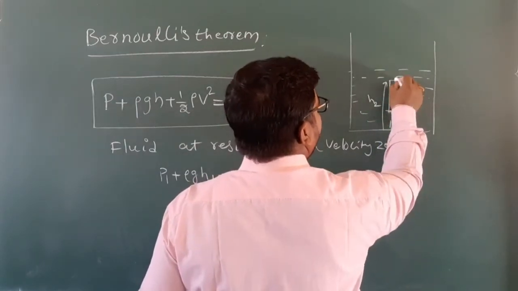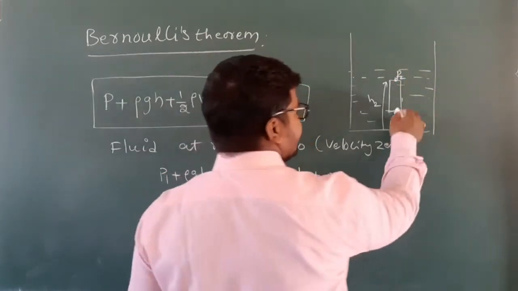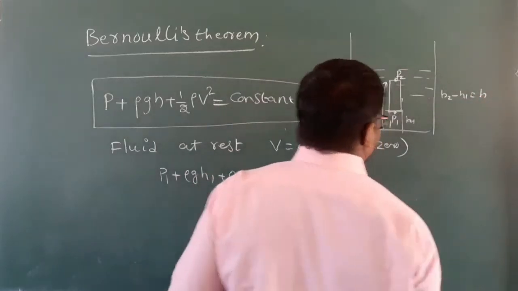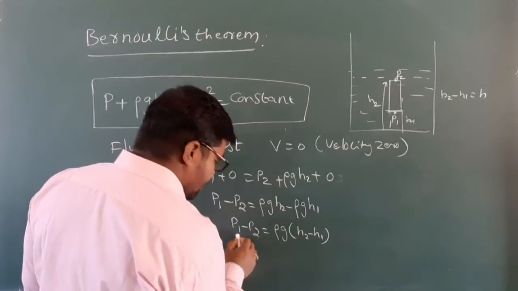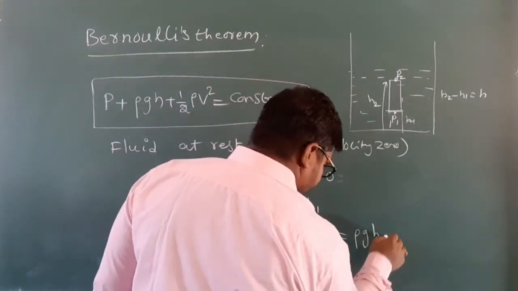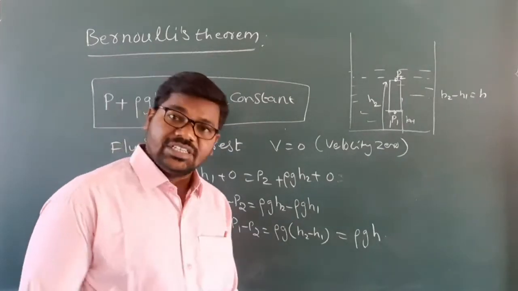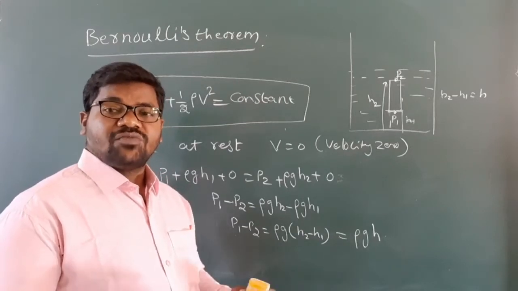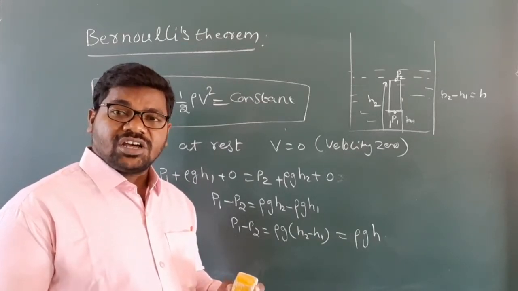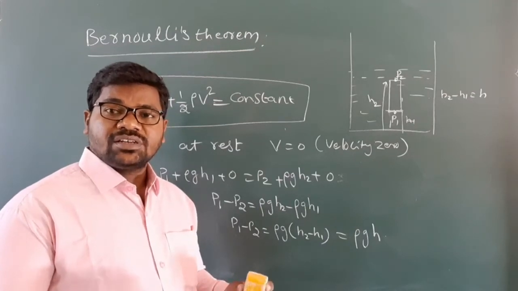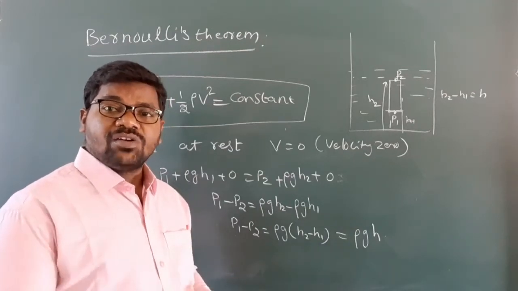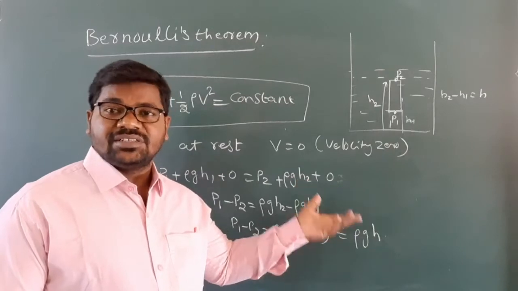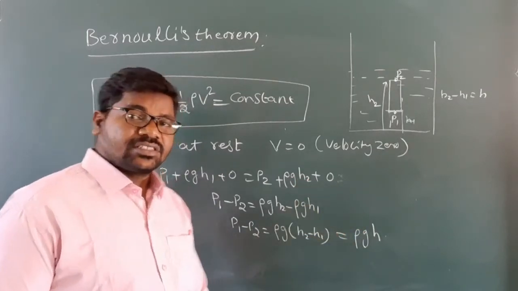Here h2 minus h1 is equal to h, so the pressure due to variation of depth is rho g h. In this way Bernoulli's theorem is useful. Previously we found the pressure due to variation of depth by a different method; Bernoulli's theorem is also useful to find the pressure variation with depth.